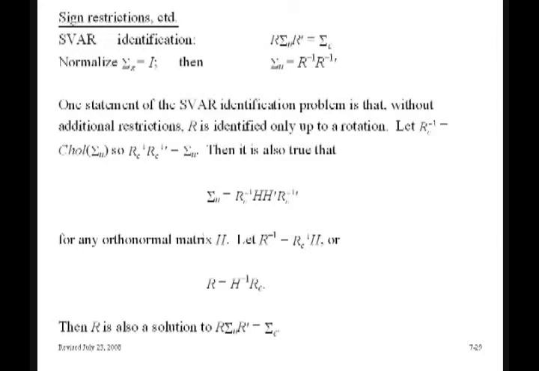First of all, we're just arbitrarily going to pick some R to work with for starters, and that's going to be a Cholesky decomposition. So he's going to take a Cholesky factorization here. Now that's not a structural R, but it's a useful device, because he's going to then insert inside that Cholesky factorization H prime, where H is an orthonormal matrix.